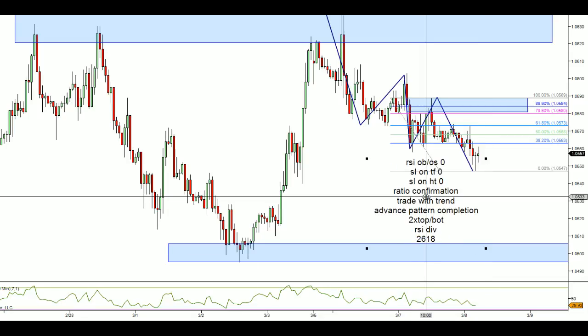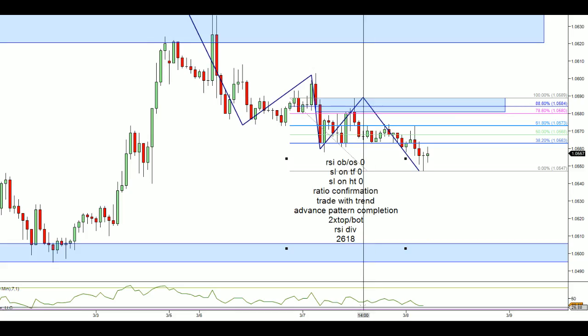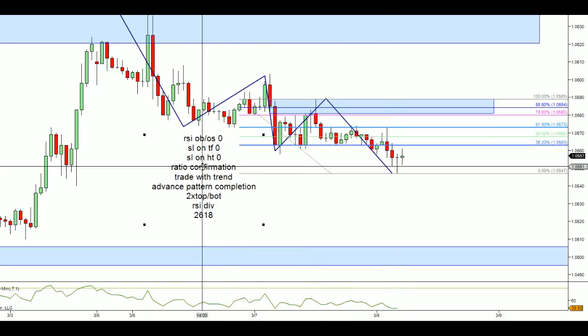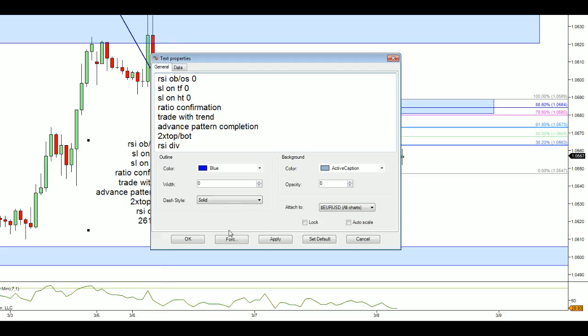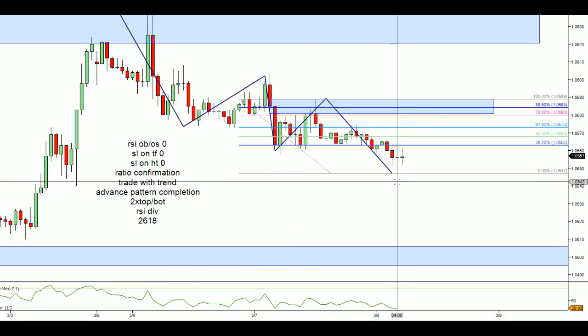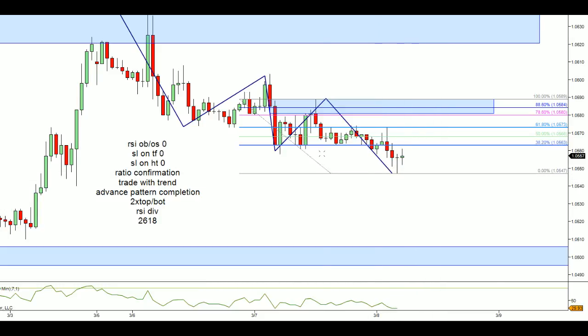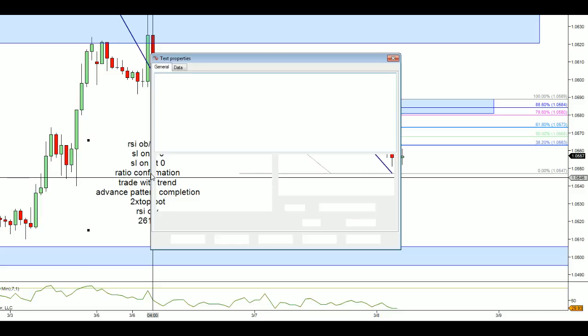Let me drag this over. Let's zoom in a little bit, make it easier to see. Here we go. And move this back out of the way. So we don't have any ratio confirmation.